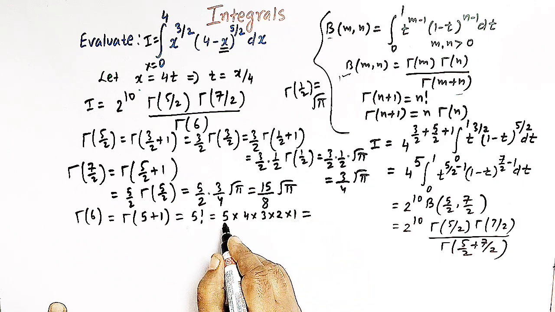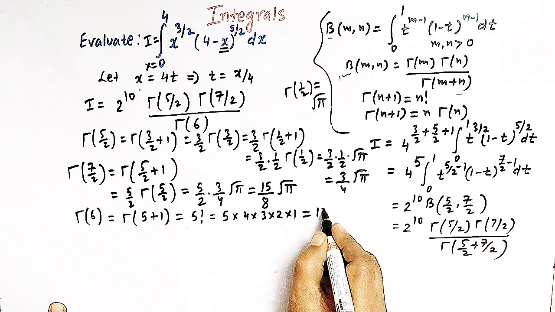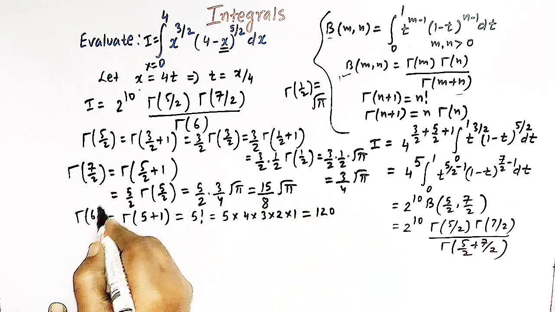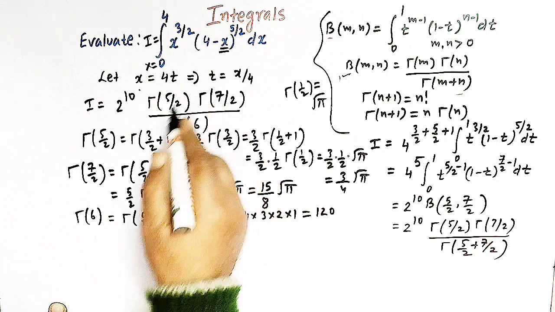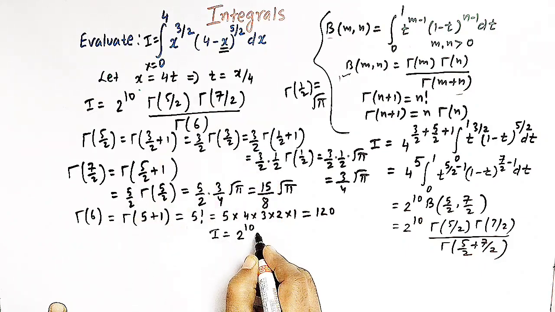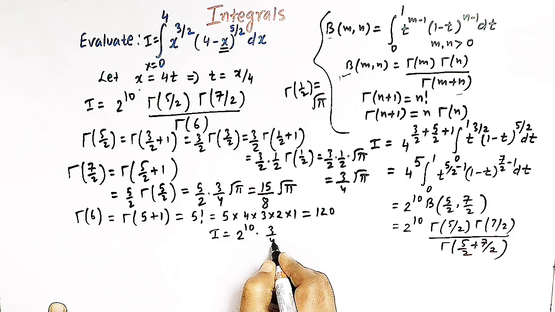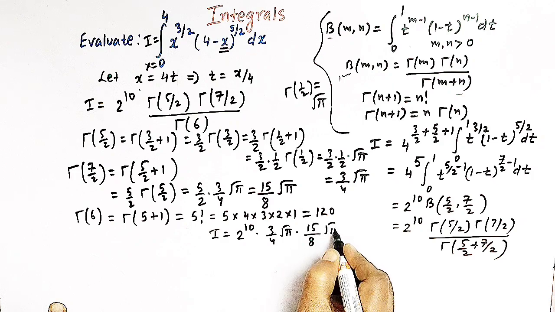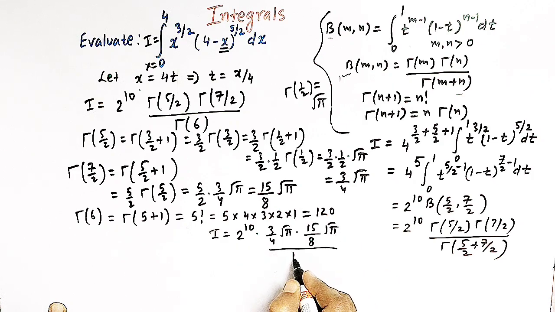So this is 120, right? So now let us substitute these values in this expression. So I can now be written as 2 raised to 10, then we have 3 by 4 root pi, then we have 15 over 8 root pi divided by 120.